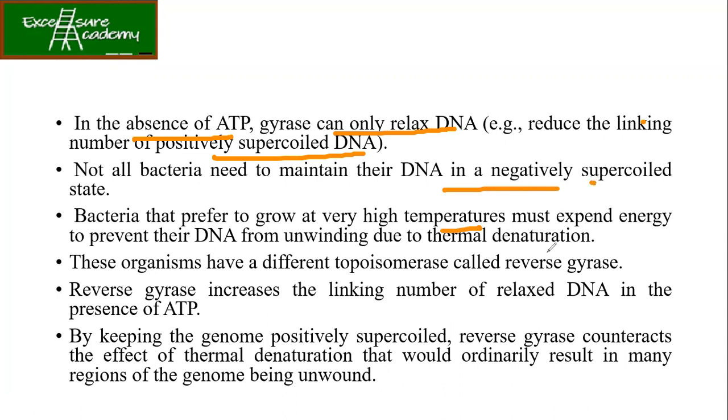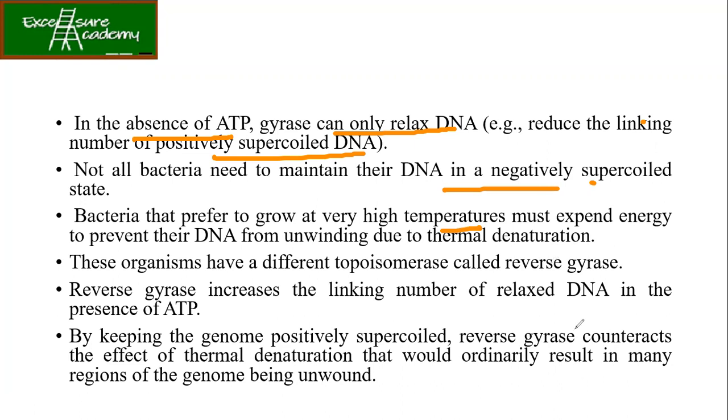Because with the increase in temperature, there is a chance that DNA will get unwound or denatured. We know that as temperature increases, DNA starts to unwind, right? So it is going to lose its property to remain as a helix. So in order to prevent the effect of thermal denaturation on the DNA, these bacteria will have negative supercoiled DNA.